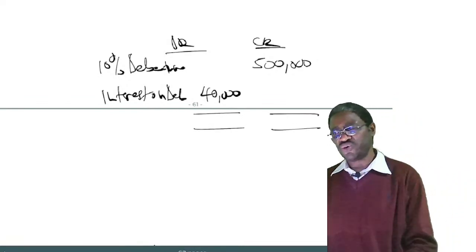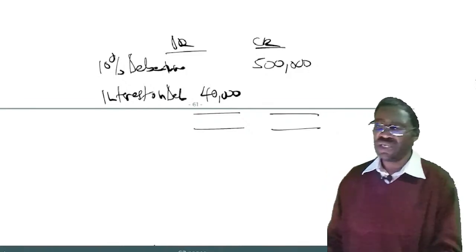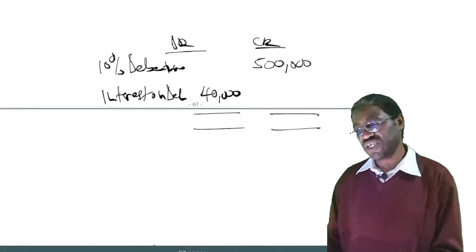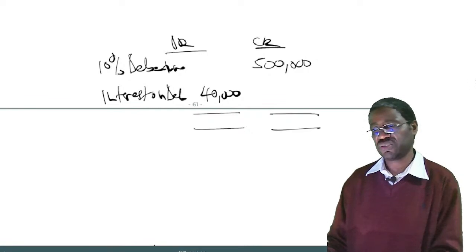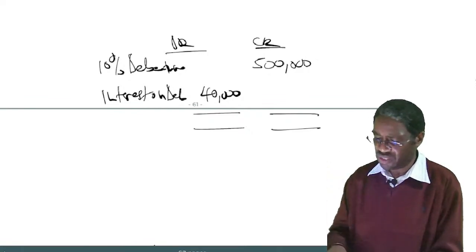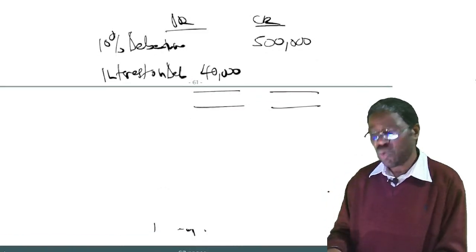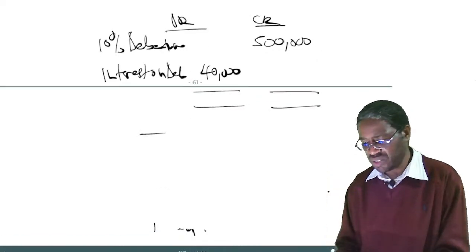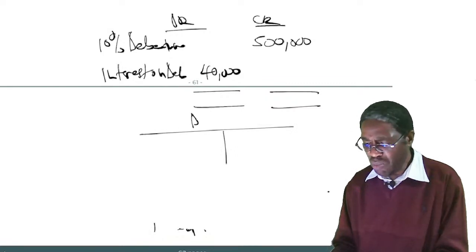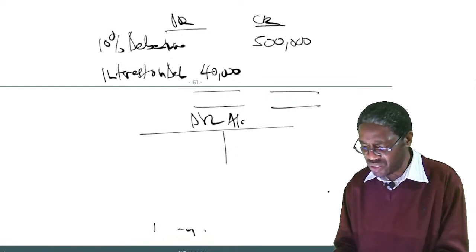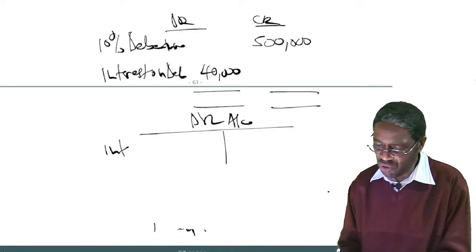Then you used to be told, prepare an income statement or profit and loss. So the question is this: when you were given such a trial balance, remind me, how much were you taking to the profit and loss account as the amount of the interest?